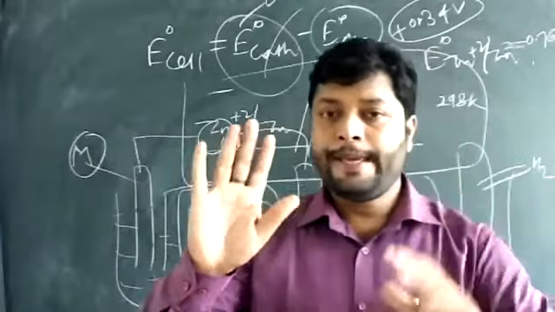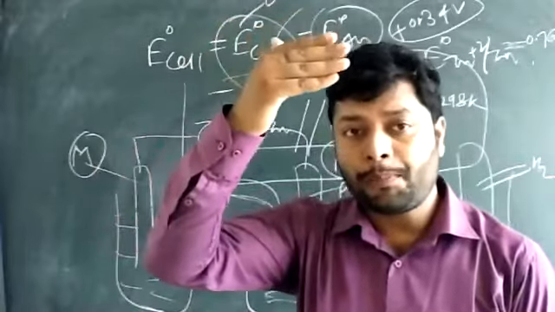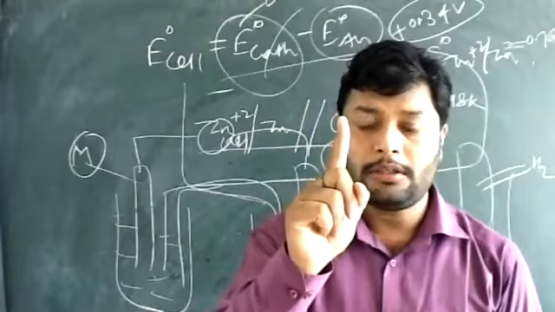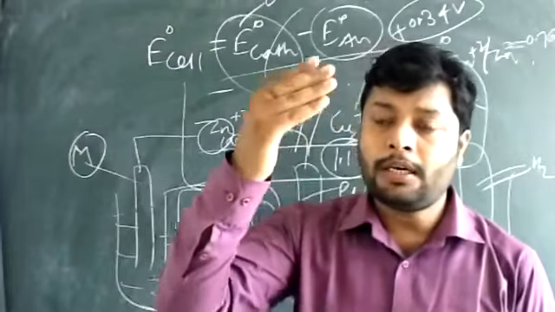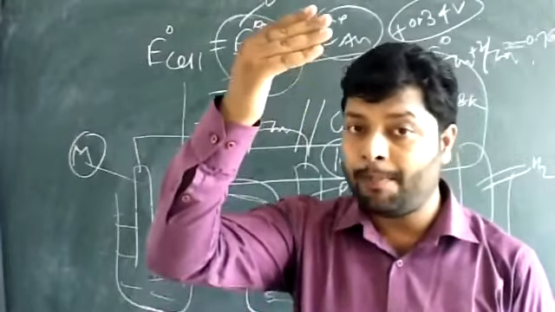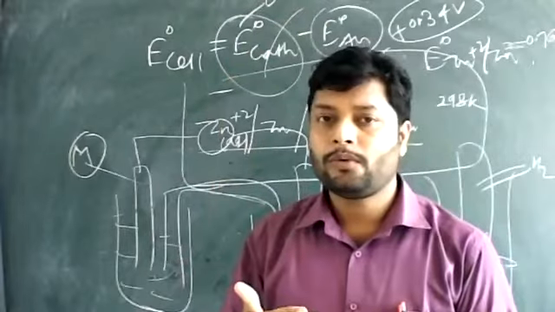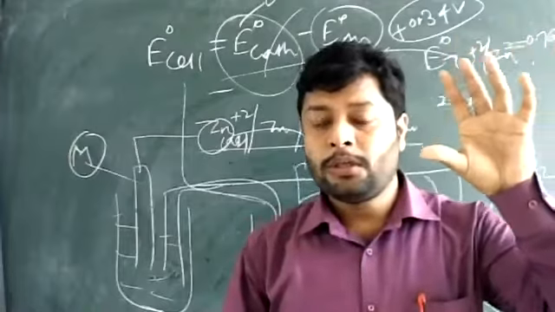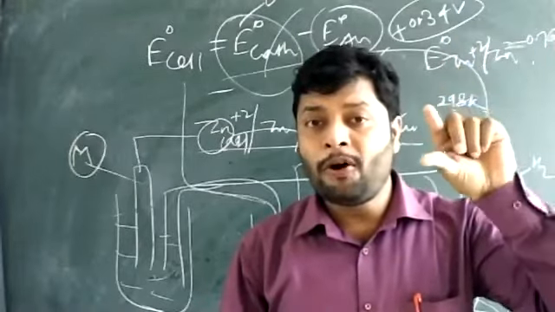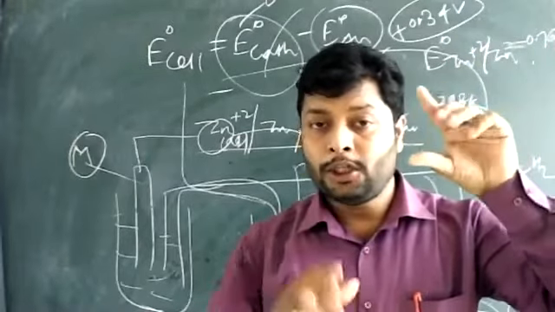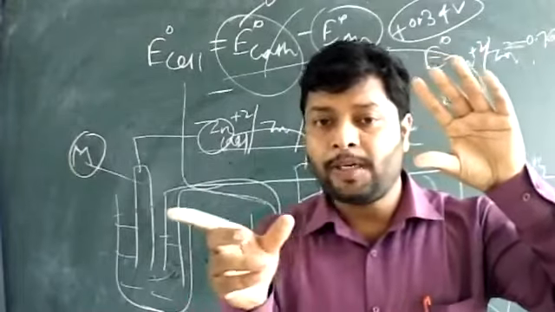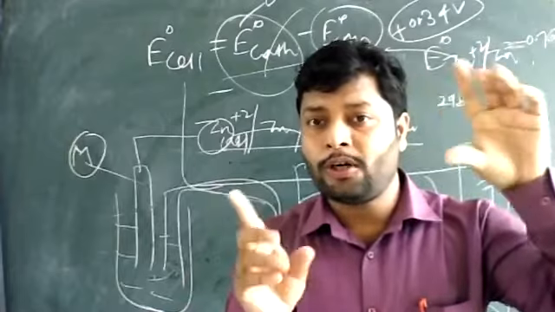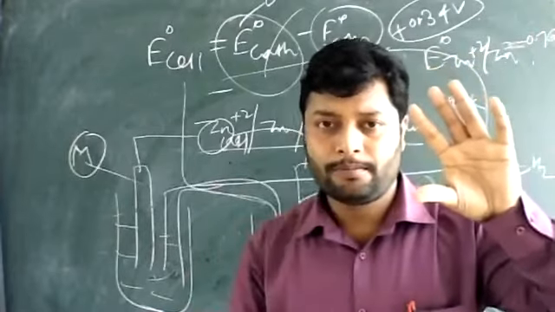Simply, if all the electrode potential values are given in reduction value, again remind it, then the higher the value, the more possibility of cathode. The lower the value, the more possibility of anode. First thing, higher value with cathode, lower value with anode.